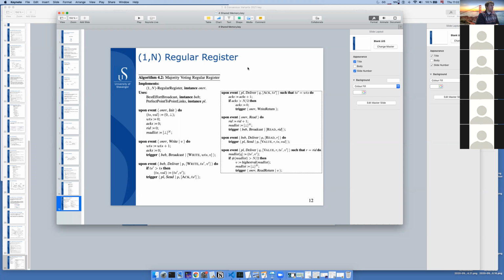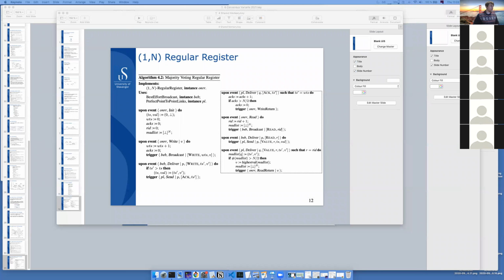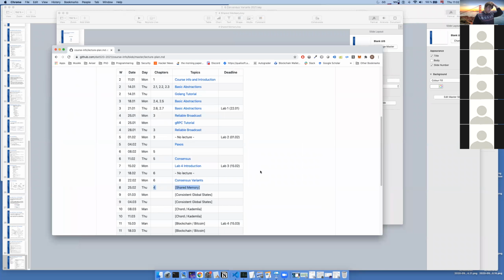Also with lab 4, there's roughly 3 weeks until the deadline, on 15th March.